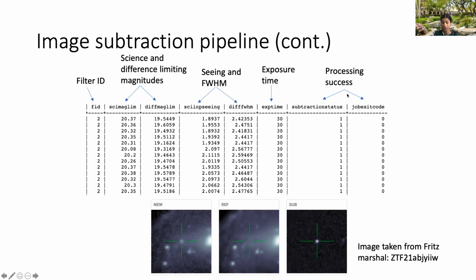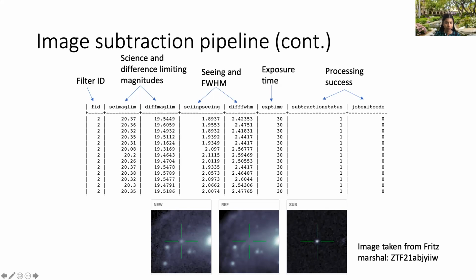So was the image subtracted? Was image subtraction conducted successfully? And that really goes to dictate whether or not alerts were produced in that given field or in that CCD.